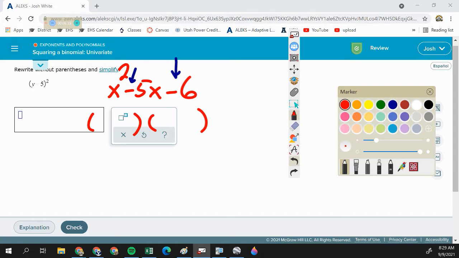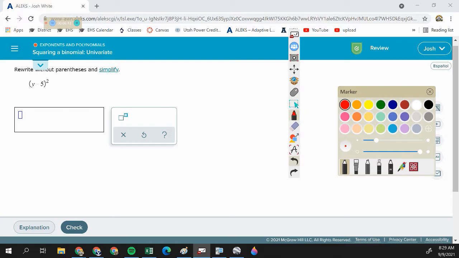The bigger one's negative, because when those two forces fight each other, one's positive and one's negative, the bigger of the two is going to win. And the middle number ended up being negative, so the bigger of the two has to be negative. So x minus 6 and x plus 1. Okay. Everybody remember how to do that?